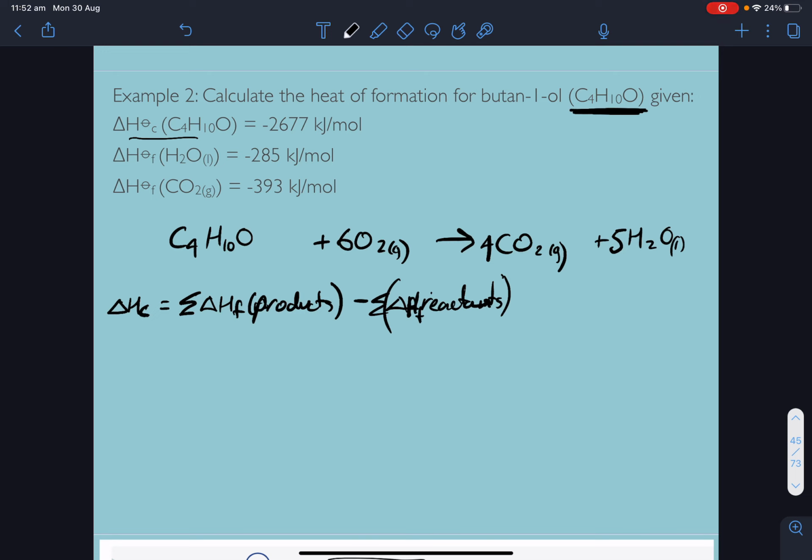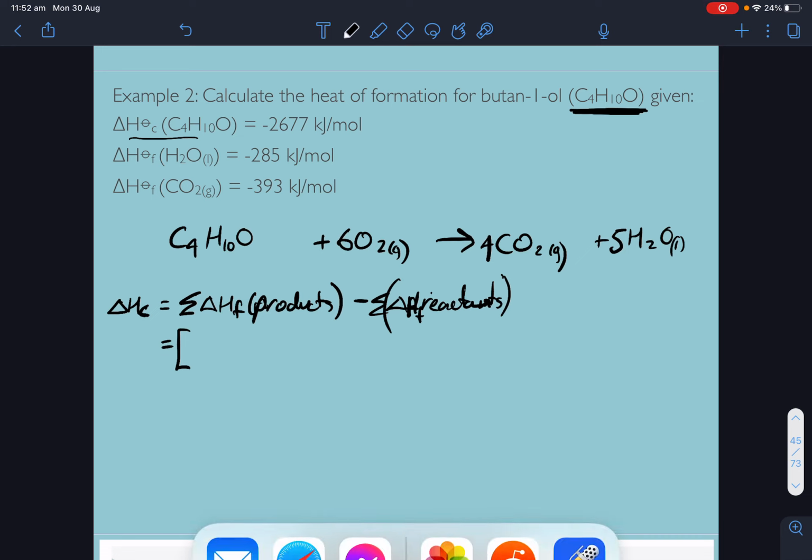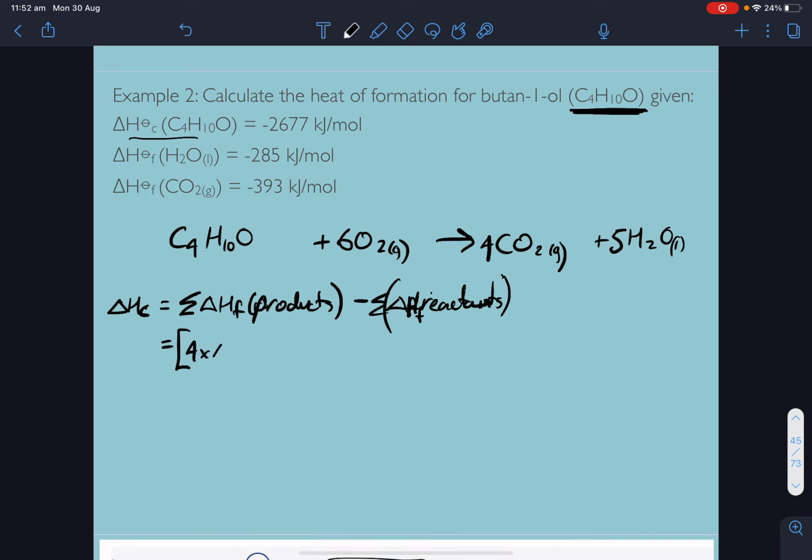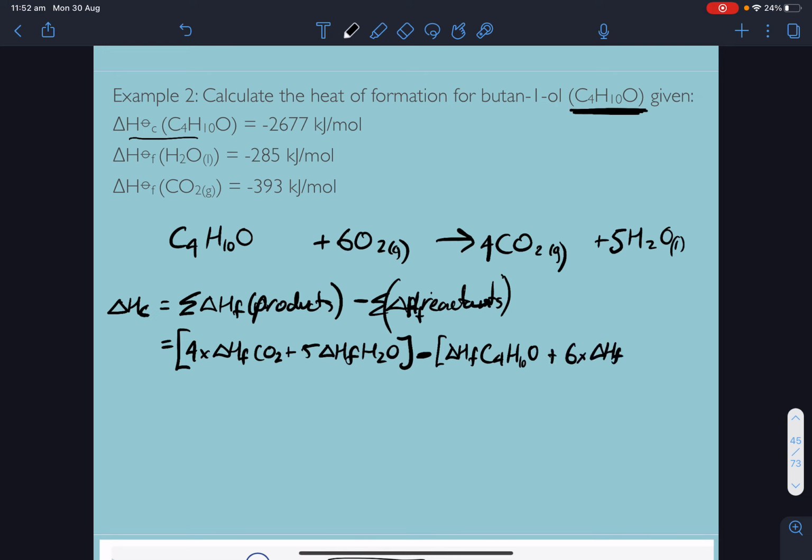Okay. So this, if I expand it out but don't put numbers in yet, is going to equal big bracket the heat of formation for the product. So we have 4 times the heat of formation for CO2 plus 5 times the heat of formation for water minus, for the reactant side, 1 times the heat of formation for C4H10O and 6 times the heat of formation for oxygen.